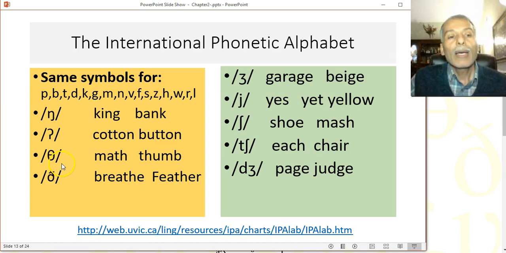So math, thumb, the th here, this is the voiceless cognate of this sound, as in breathe, bathe, feather, they. So that is called the voiced th. Sometimes when you write it, but we just say the.